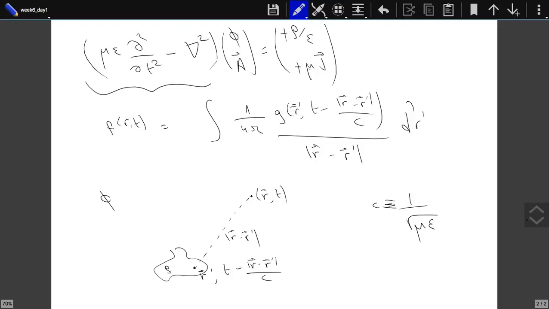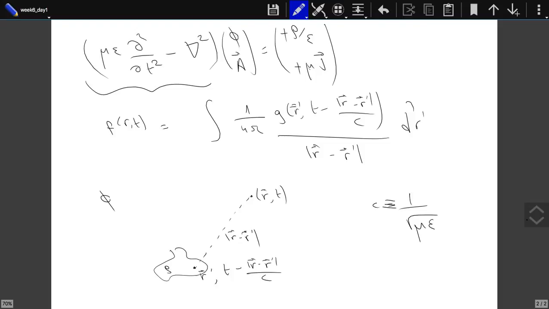Now, if you are interested in deriving that result, you have probably studied Green's functions, right? In 2010 or 210 or 209. Look for the Green's functions of that differential equation. The easiest way would be to take the Fourier transform, solve it in Fourier space, in momentum and energy space, and then go back to position and time space.